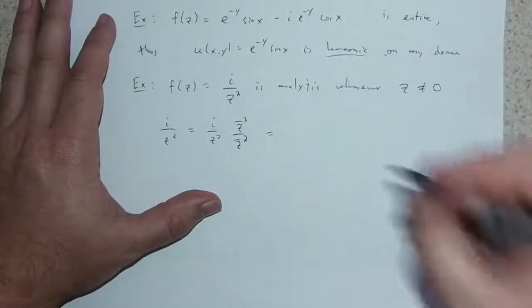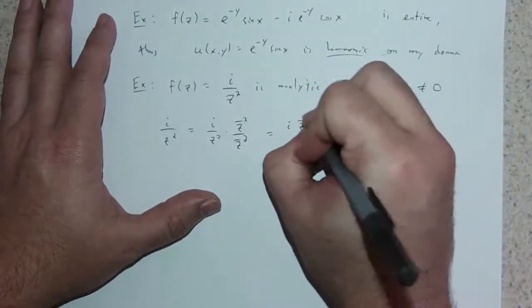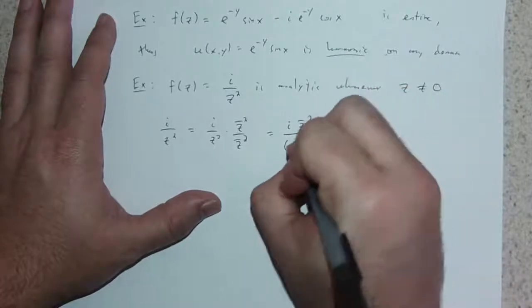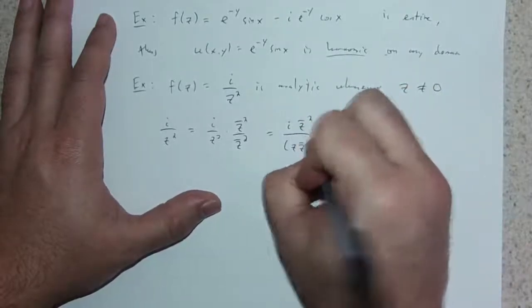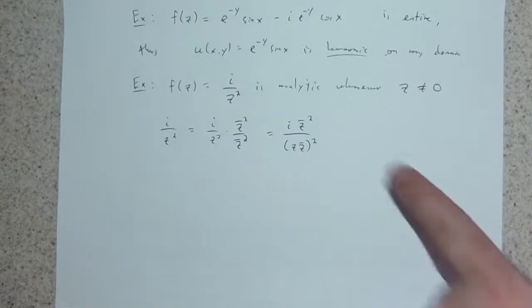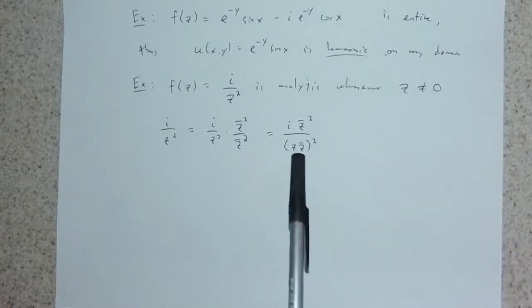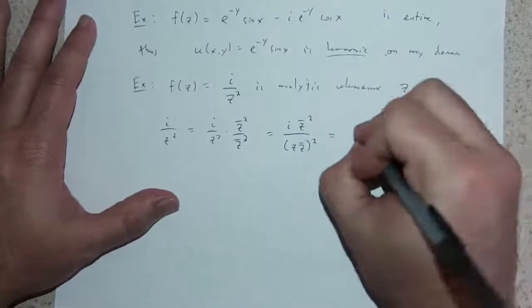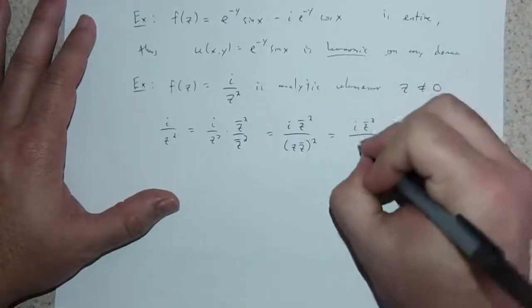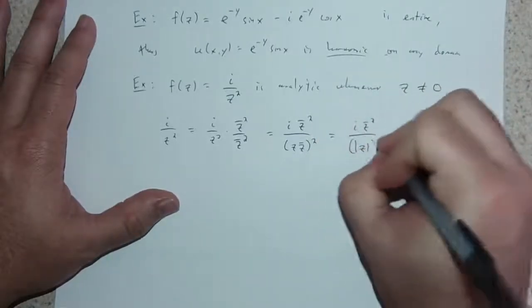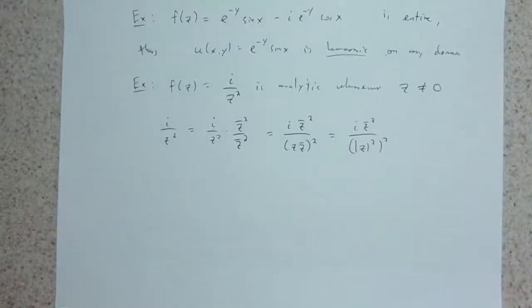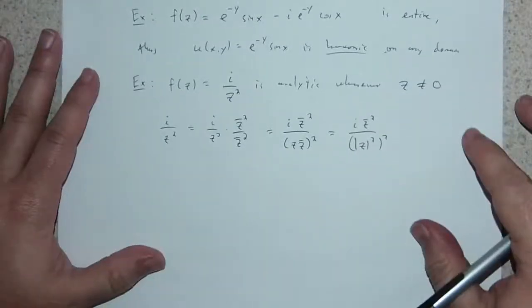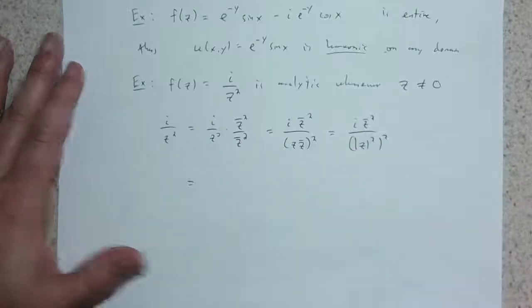So this is i times z bar squared over z times z bar squared, which I can of course write as the modulus of z squared, squared. So this is i z bar squared over modulus of z squared, squared. Okay. And so this is rewriting all of this.